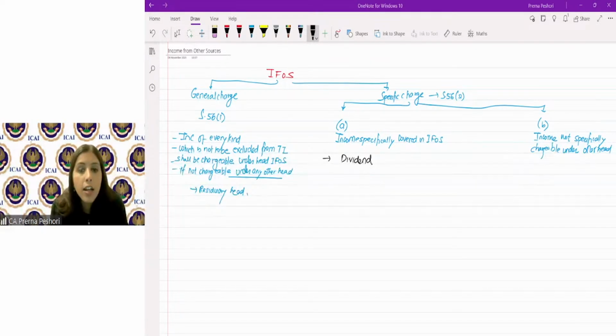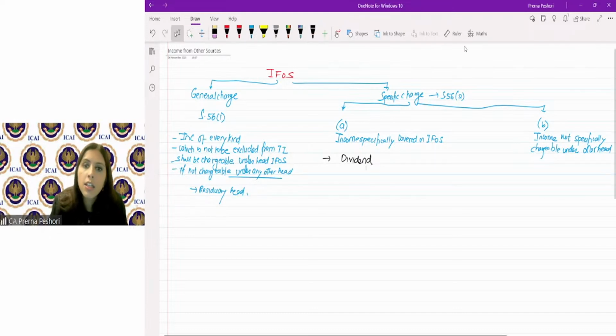What does it say in regard to the interest income? Now it says that the interest on securities, if not chargeable under PGBP, then only you will have the taxability over here.